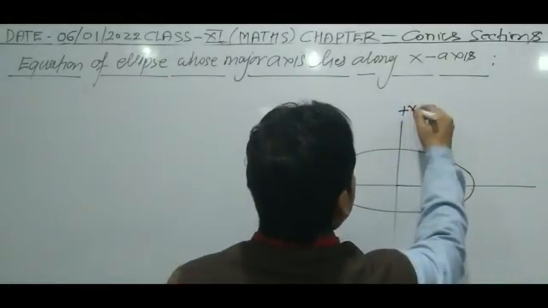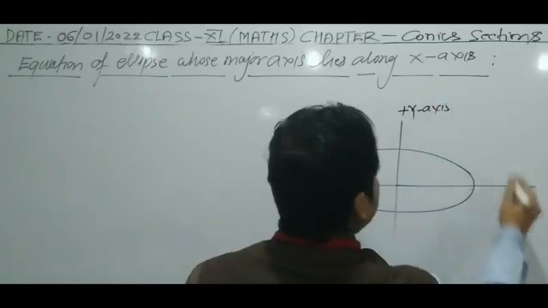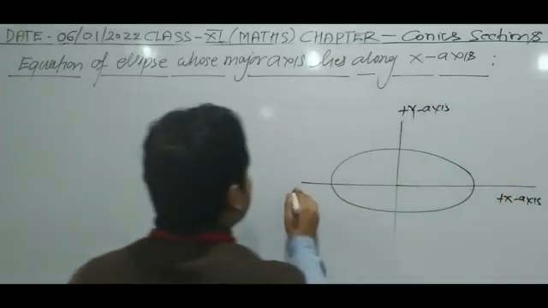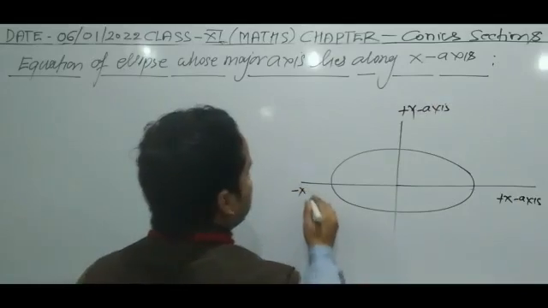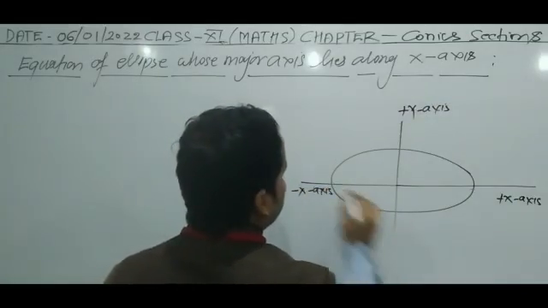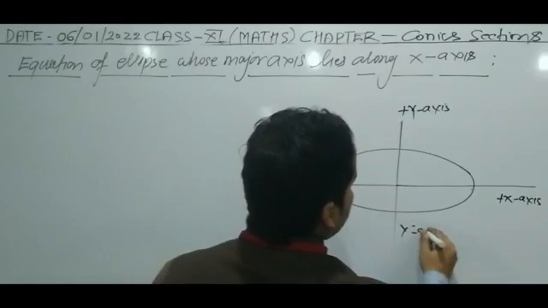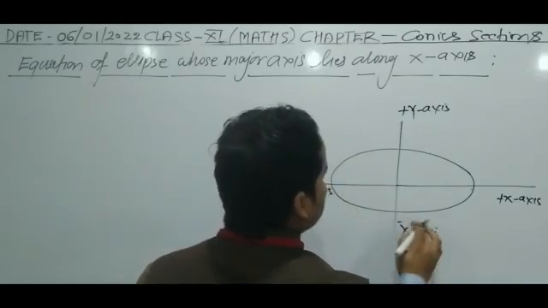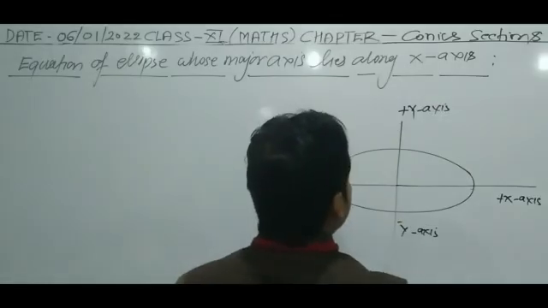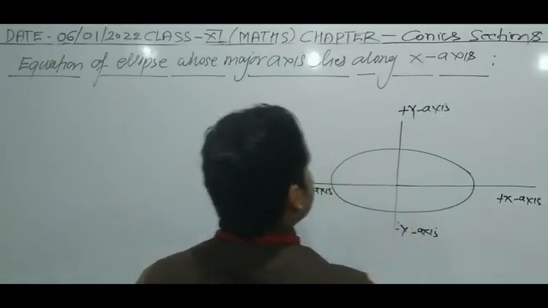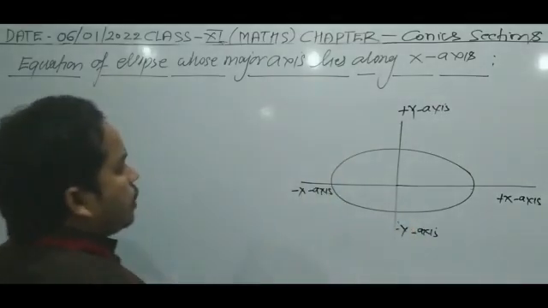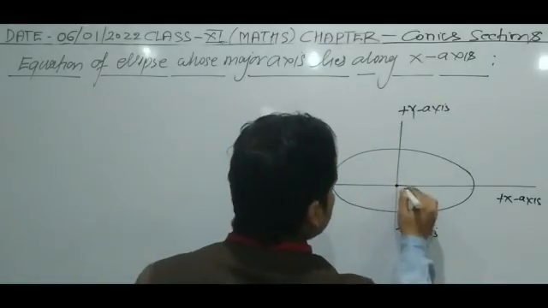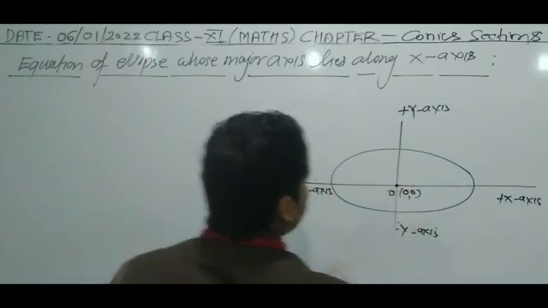This is the positive y-axis. This is the positive x-axis. This is the negative x-axis. You know everyone, this is the negative y-axis. And you know this is the origin, meaning center O.